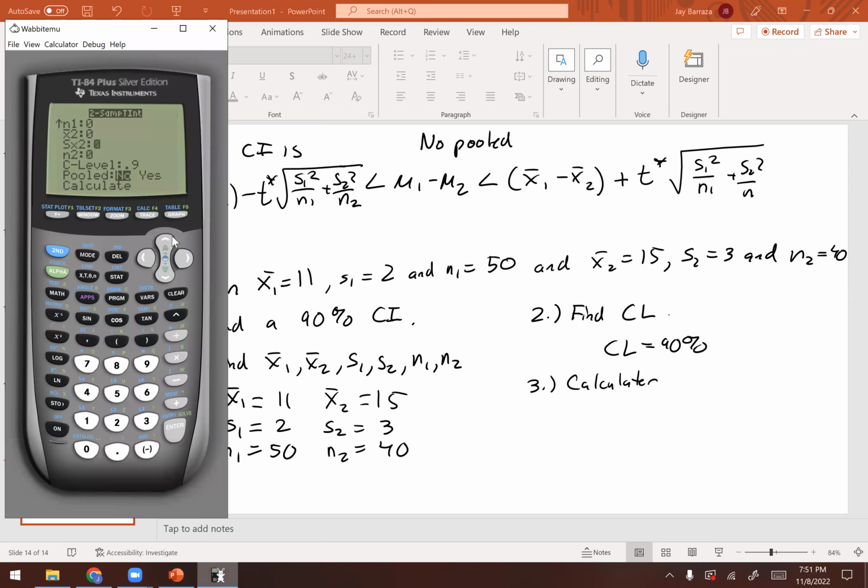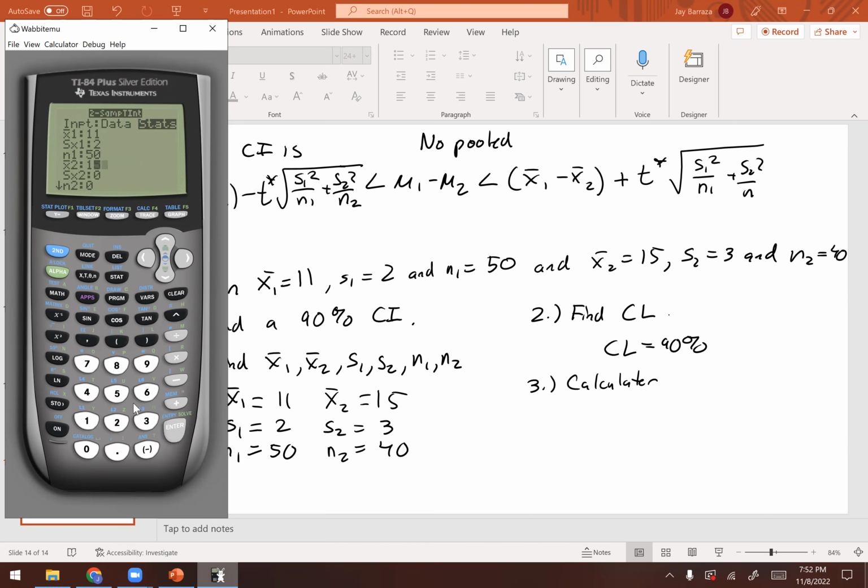So x1 bar is 11. Just to make sure, go to stats, go all the way down to sample t interval. Please make sure you click on the correct one. S1 is 2. N1 is 50.